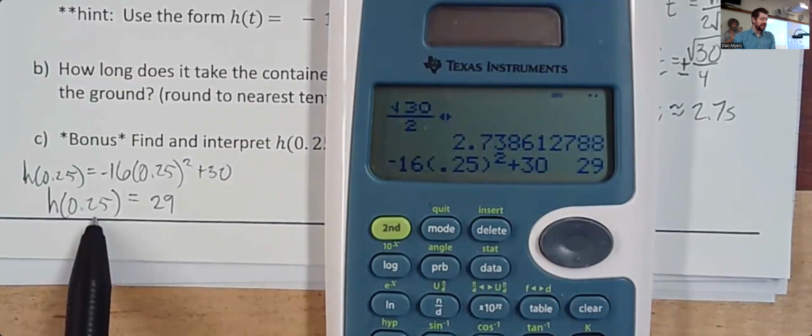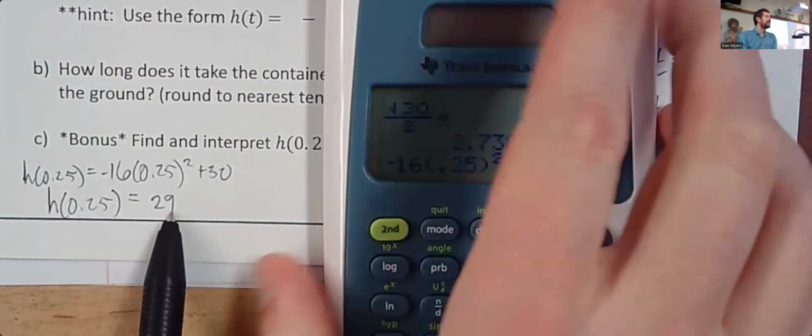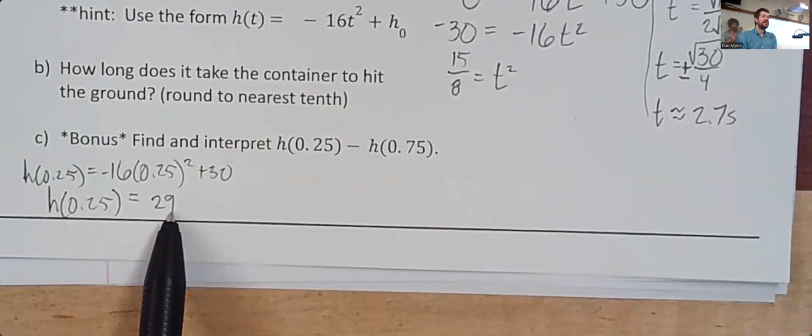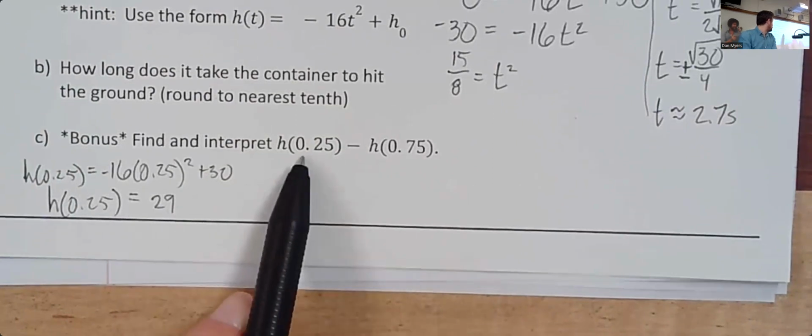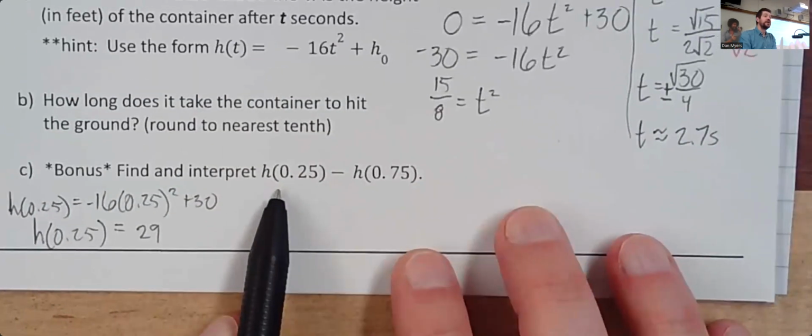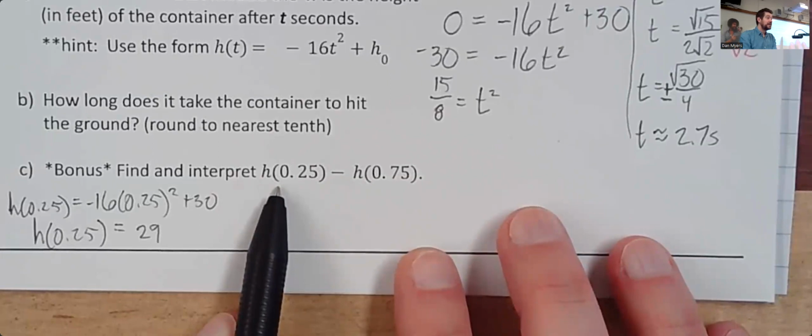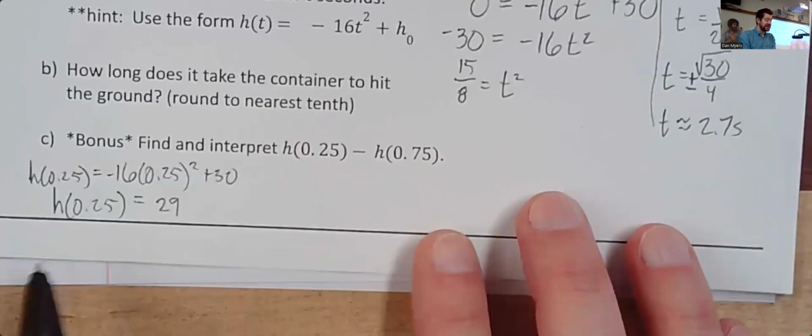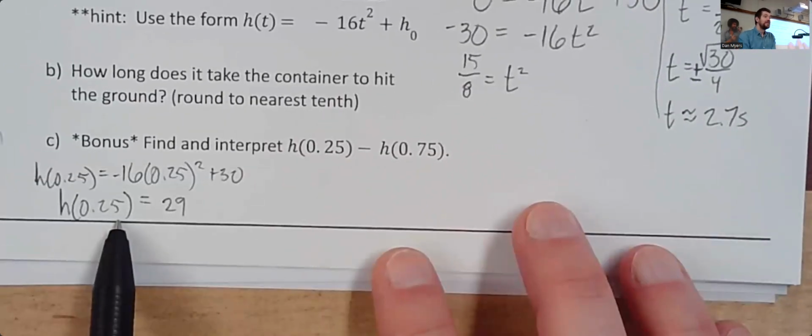What is h of 0.25 equaling 29? What number did we plug in 0.25 for? What variable did we plug it in for? T, right? So what does that mean for t? 0.25 seconds, right? A quarter of a second.